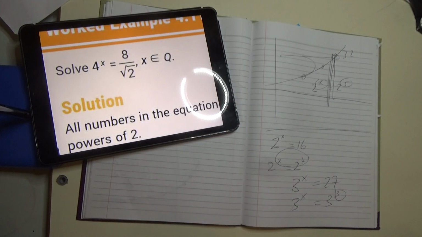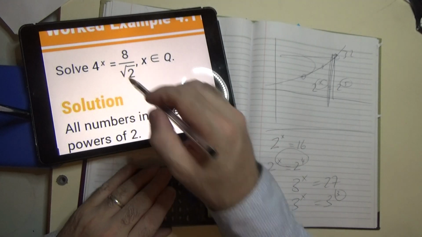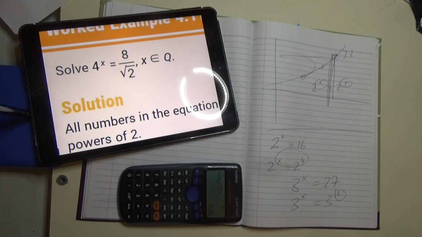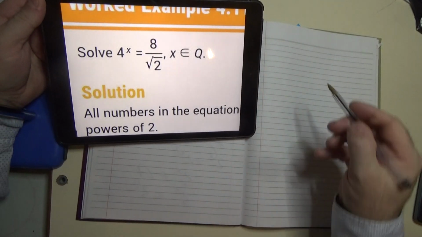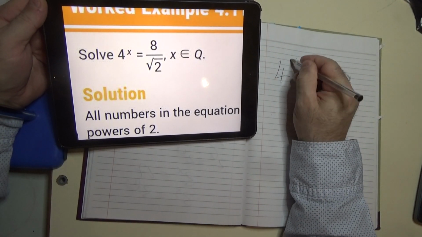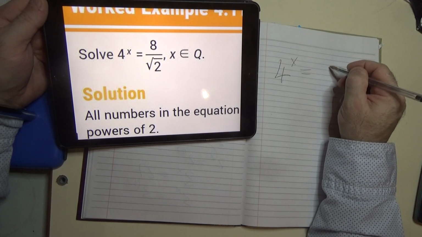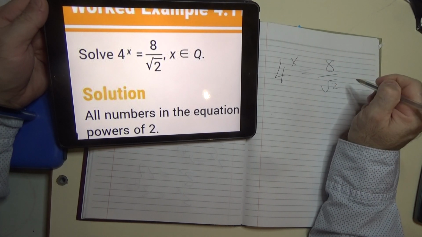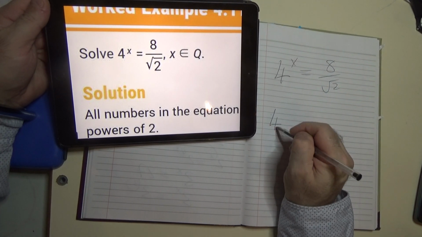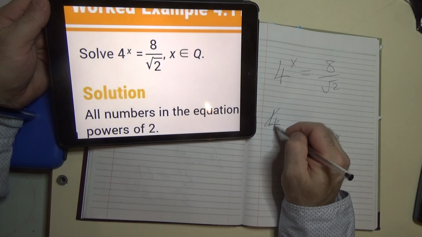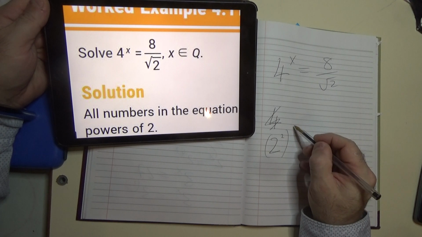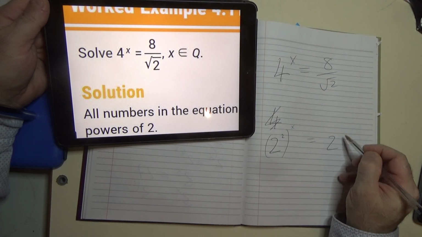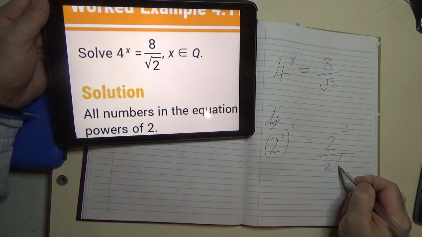And now is where this comes into its own, because what I have to show you next, we can do it, and some of you, and maybe all of you will follow, and maybe you won't, but the calculator will be easier. 4 to the x equals 8 over root 2. If we're going down this line, I have to turn this into 2 squared to the x equals 2 cubed over 2 to the half.